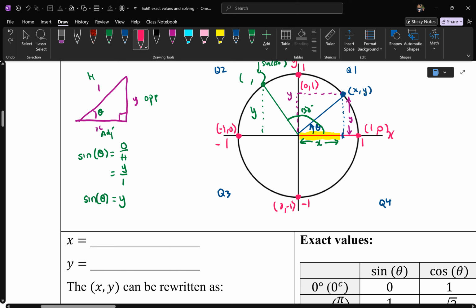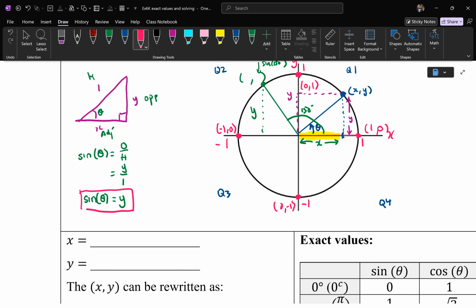Okay, so last session, what I got you to understand was if you followed these trigs, you would have figured out two things. Sine of theta will equal y, so y equals sine of the angle. So every time you type sine of the angle, it gives you the y coordinate. And every time you type cos of the angle, which is equal to adjacent divided by hypotenuse, which is actually x divided by 1, x will equal cos of theta.